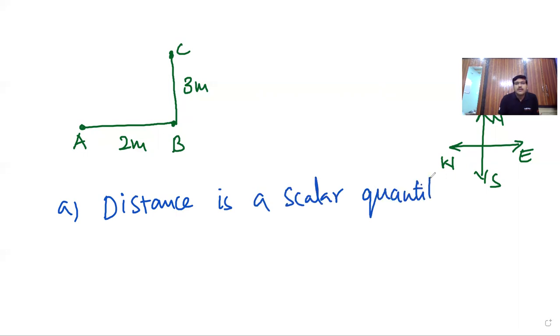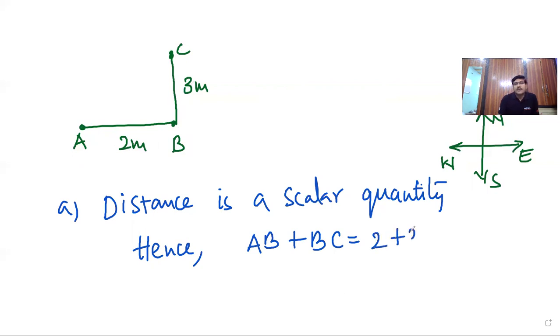Clear? So hence no direction. So simply path length AB plus BC. That is 2 meters plus 3 meters, 5 meters is the distance. Clear? But observe here. Displacement is a vector.